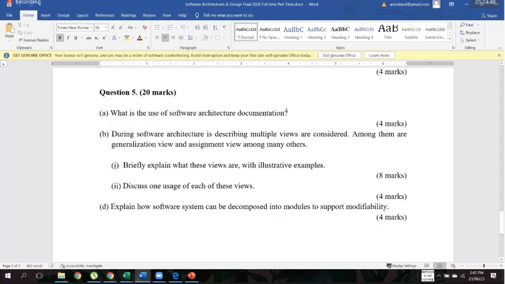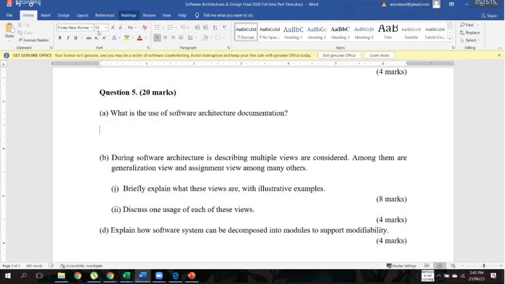So, what is the use of software architecture documentation? In fact, this question carries 4 marks. At least if you can mention 2 importance points, you will get 2 marks for this. So the answer: what is the use of software architecture documentation?